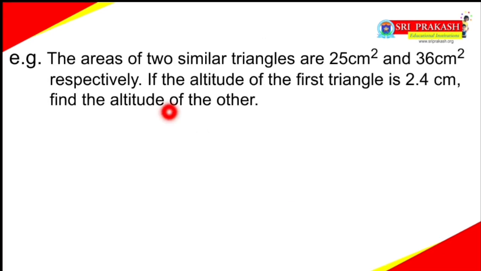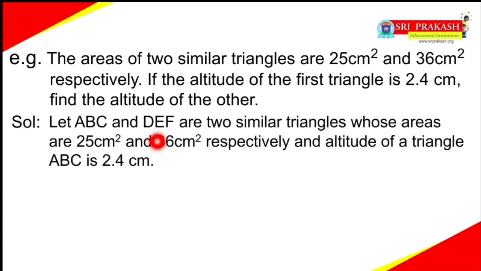Next, the areas of two similar triangles are 25 centimeter square and 36 centimeter square respectively. If the altitude of the first triangle is 2.4 centimeters, find the altitude of the other. Children, let us start.